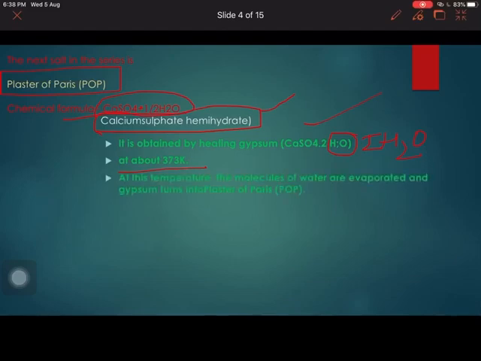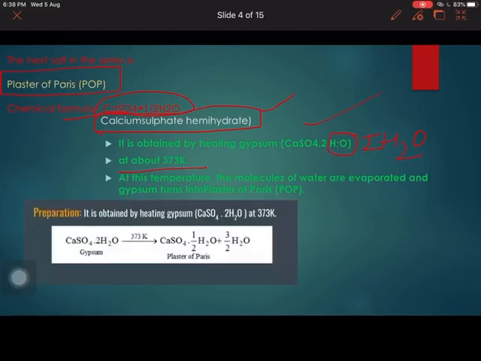At this temperature, the molecules of water are evaporated and gypsum turns into plaster of Paris. So this is the equation: CaSO4.2H2O at 373 Kelvin is converted to plaster of Paris, CaSO4.half H2O, and 3/2 H2O will be released.